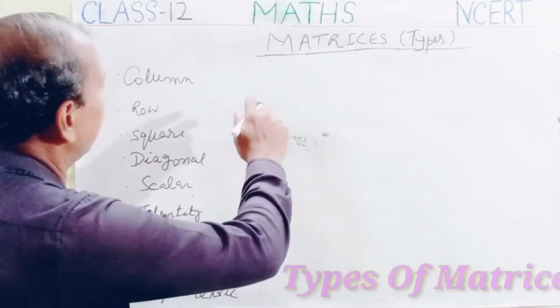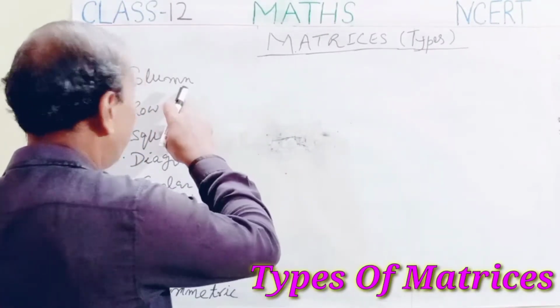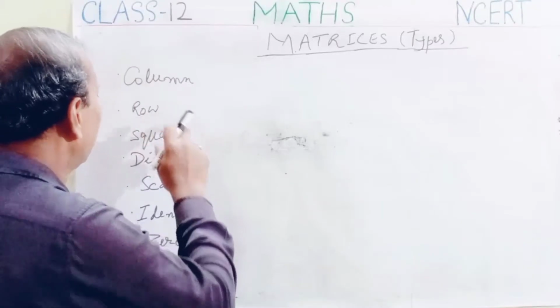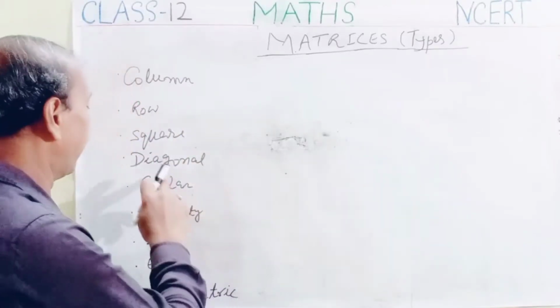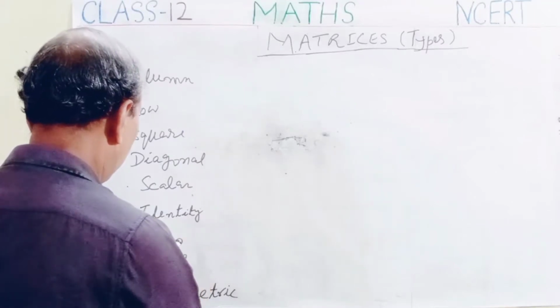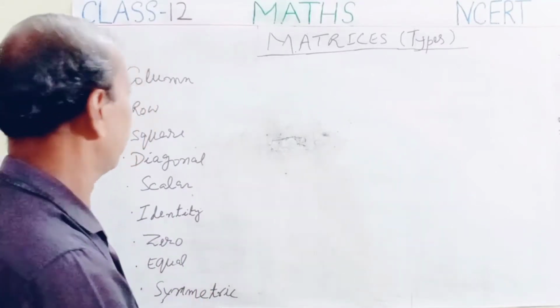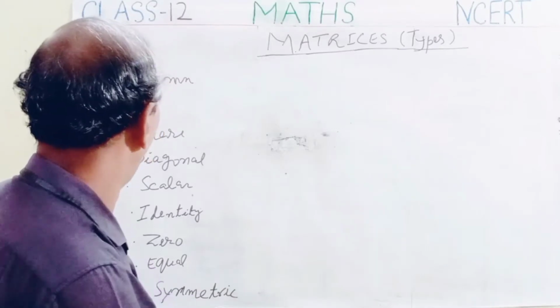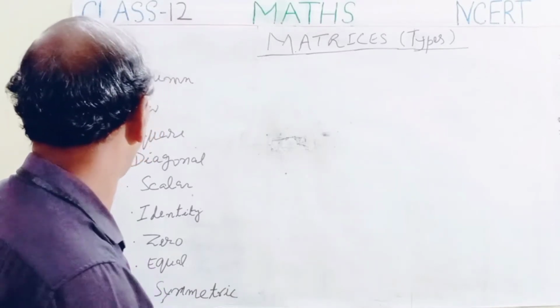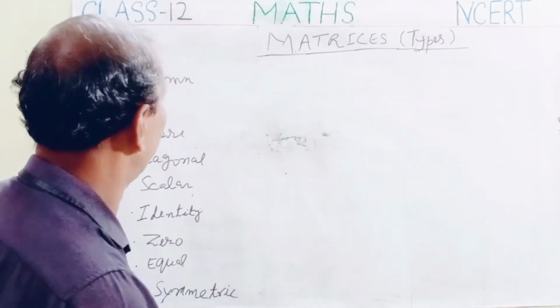Now we see the types of matrix. In the types of matrix, we have the column matrix, row matrix, square matrix, diagonal matrix, scalar matrix, identity matrix, zero matrix, equal matrix, symmetric and skew symmetric matrix. So we will start these types of matrix by its simple notation.